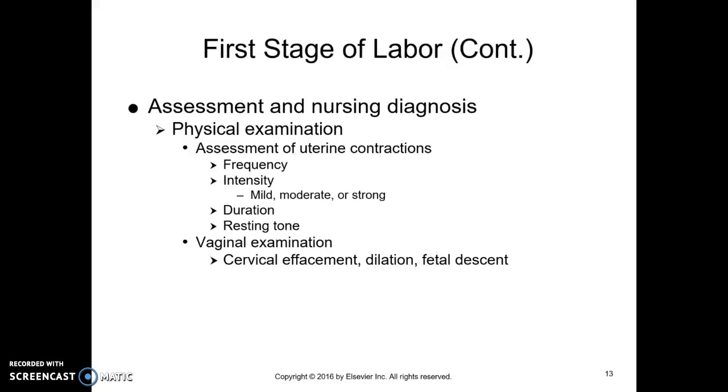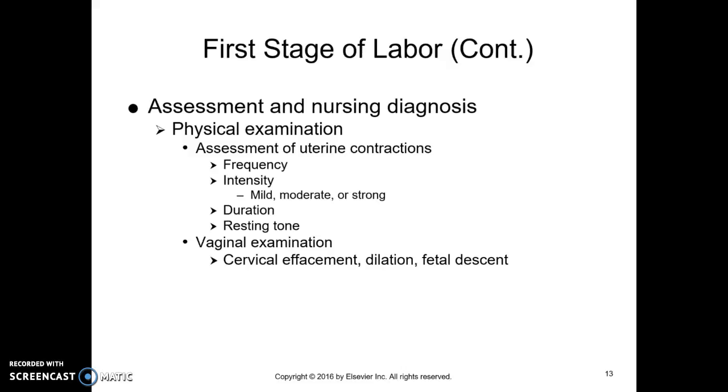Vaginal exam, you want to evaluate the cervical effacement, the dilation, and the descent, and that's the vaginal exam that we've discussed where the patient might be 3 centimeters, 50% effaced, and at a -1 station. Perform vaginal exams only when necessary to avoid infection after the membranes rupture.